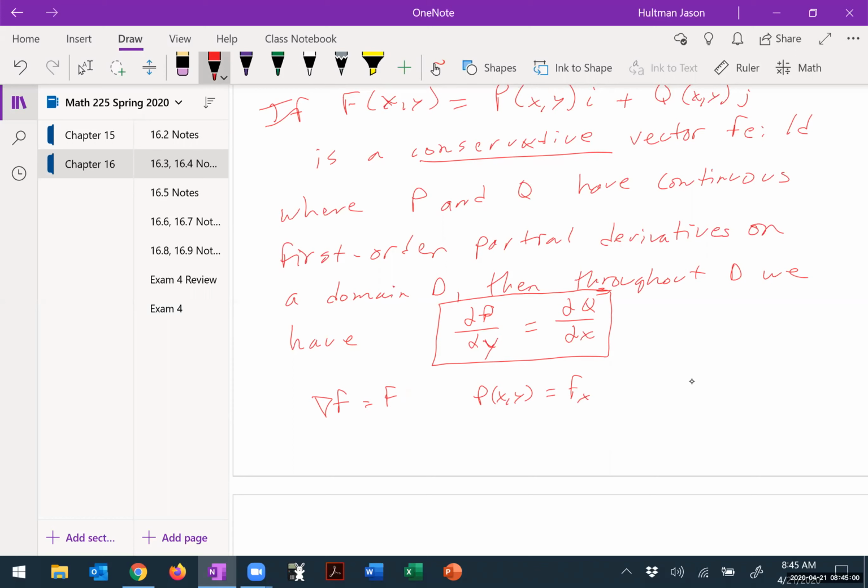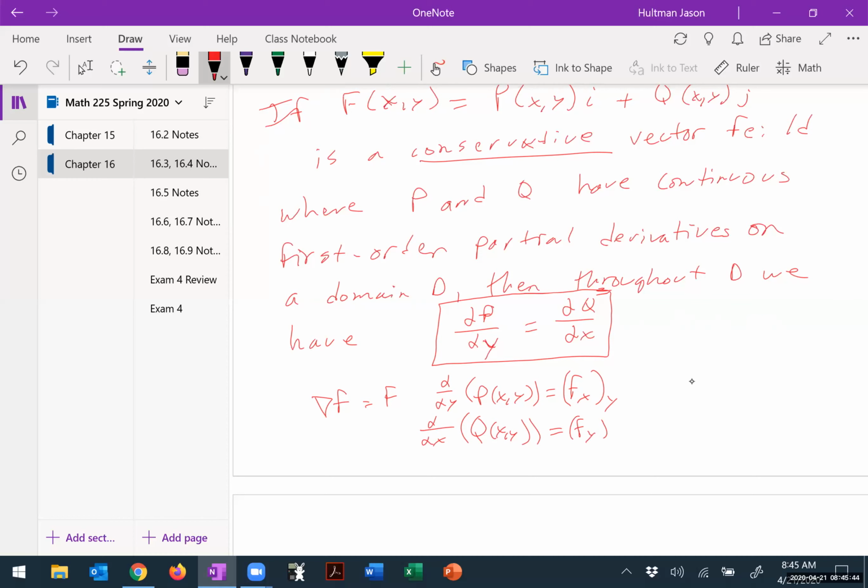And then we take this and do a partial with respect to y. So that's f sub x y, and f sub y x is equal to Q(x,y). So we want the partial of P with respect to y, and here now we want the partial of Q with respect to x. That's f sub y, right?